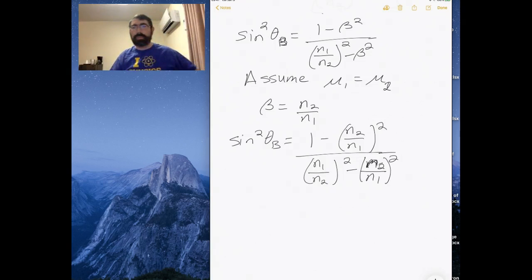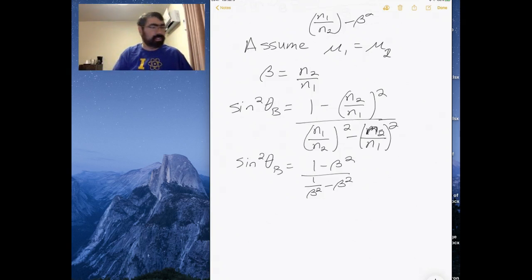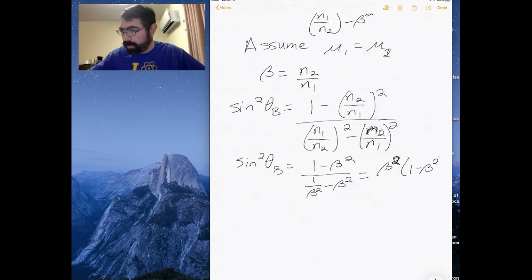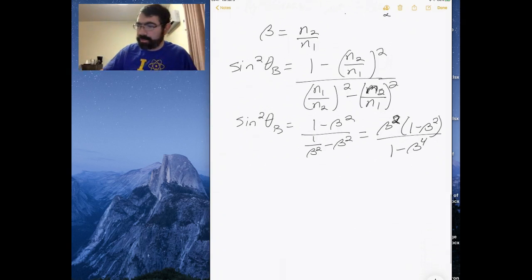Okay, so it probably would have been better if I had left things in terms of betas. So that would have been sine squared theta B is (1 minus beta squared) over (1 over beta squared minus beta squared), which I can rearrange by multiplying both the top and the bottom by beta squared. So I get beta squared times (1 minus beta squared) over (1 minus beta to the 4th power), which I can factor.